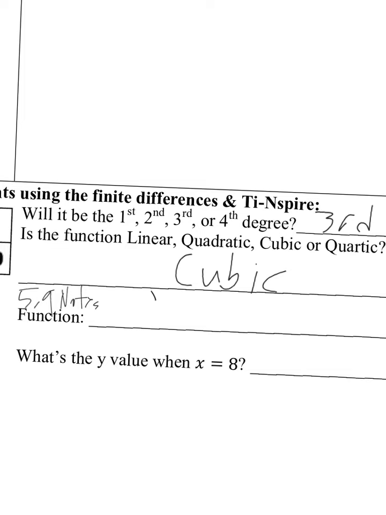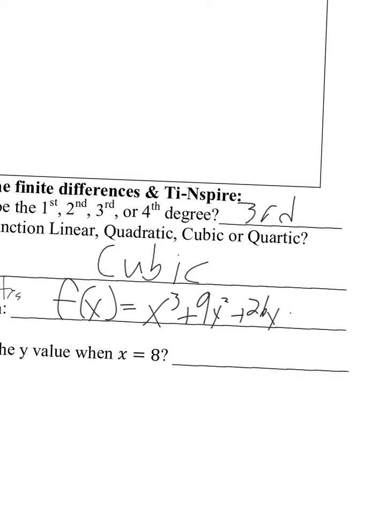But for the function f of x, you should get 1x to the third plus 9x squared plus 26x plus 24. And so typing that in and looking at your table, Control T, when x is 8, you get 1,320. And that's it.